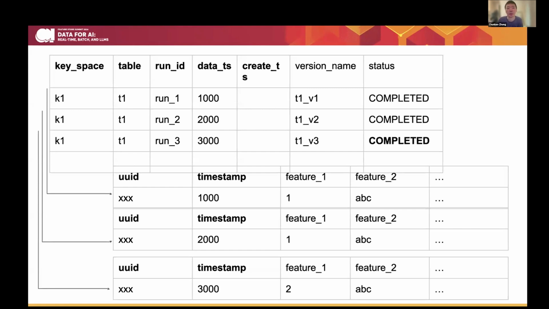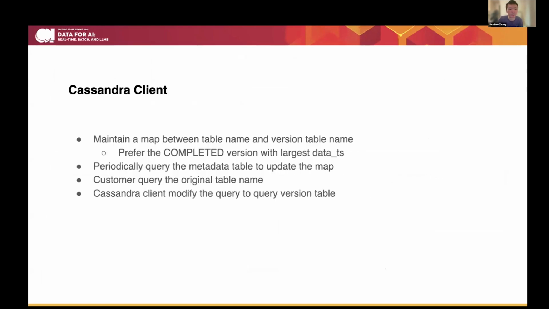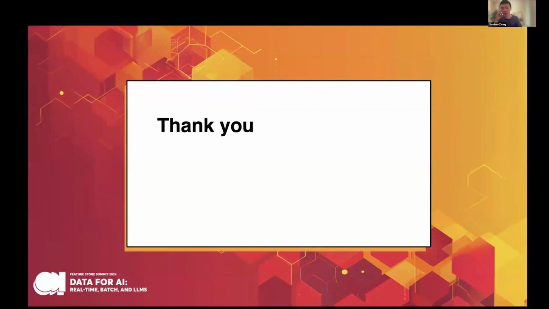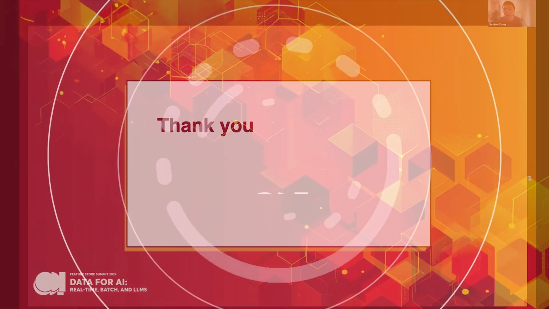And after the new ingestion succeeds, version 3 has the largest timestamp with the completed status, so it will translate the serving version to version 3. Yeah, that's all. That's all my presentation.